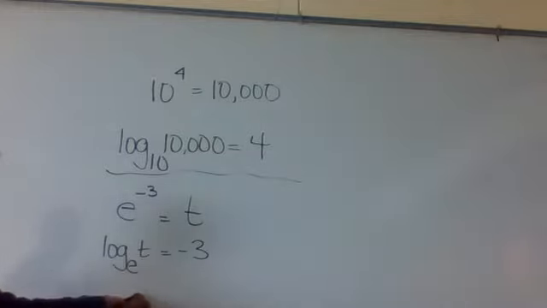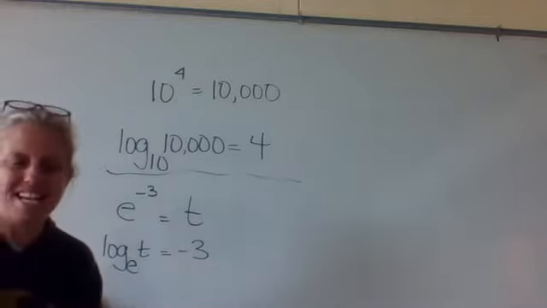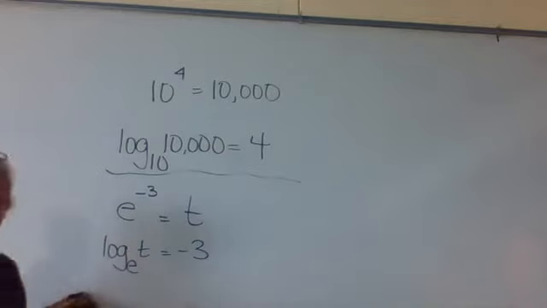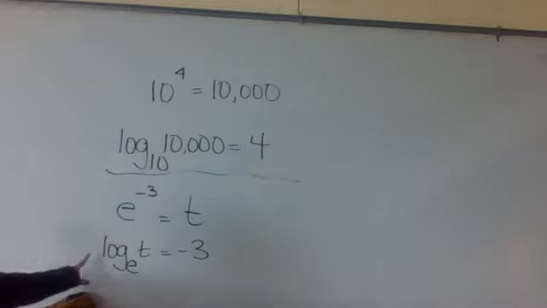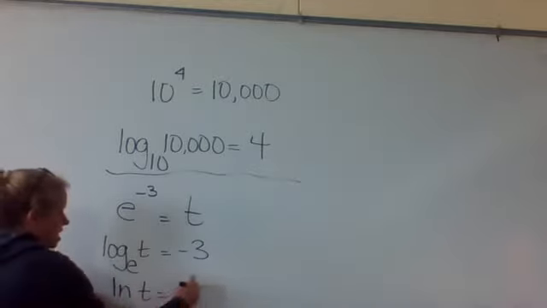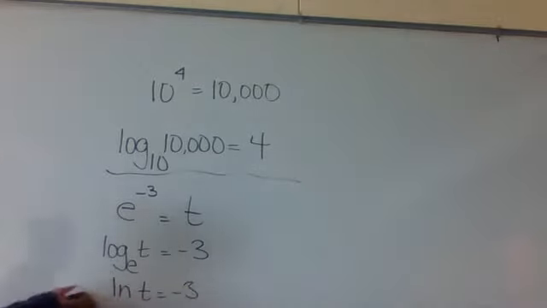I think it'll take this, but what is another way to write log base e? How do we usually see that? That right there is usually just written as ln, right? That's what log base e is. It's ln t equals negative 3. It should take either one though.